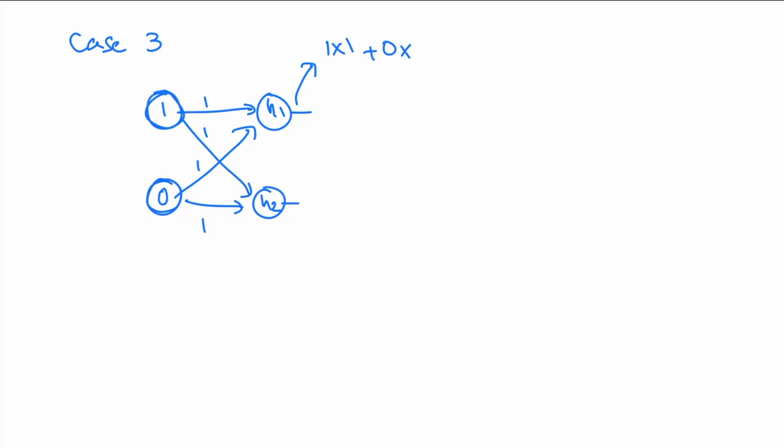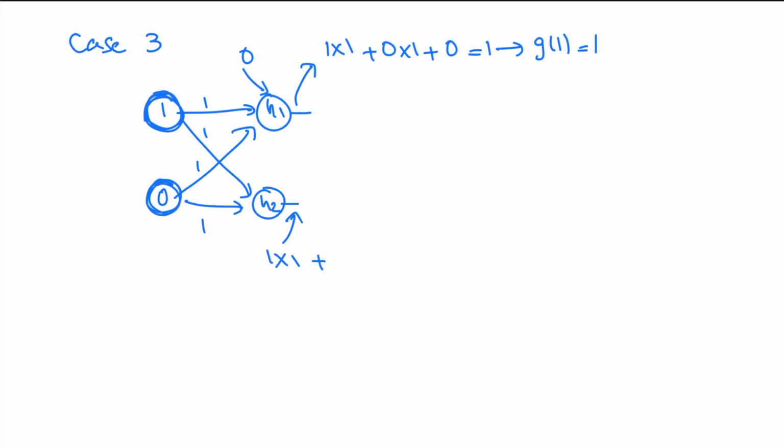Right, so you just need to figure out what connects to H1. So there are obviously two paths, and then there's a bias term. So we get 1 for H1 as its output, and then for H2 we get 1 times 1 plus 0 times 1, and then there's also a bias term.